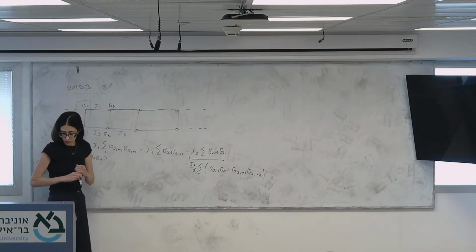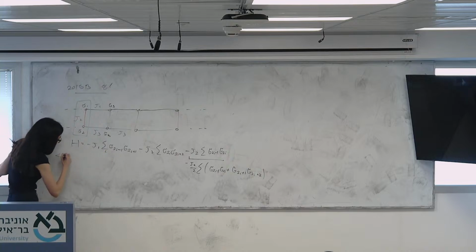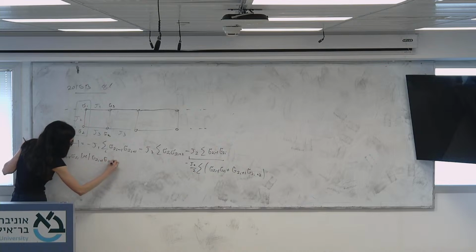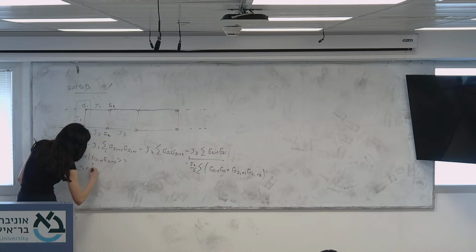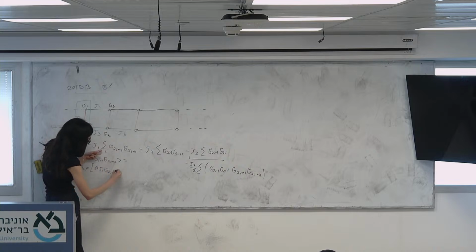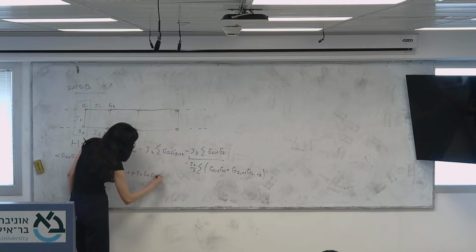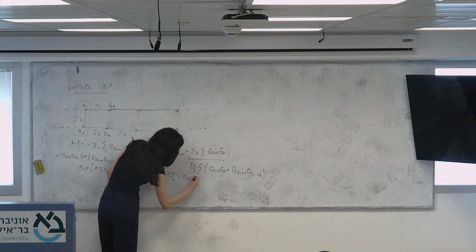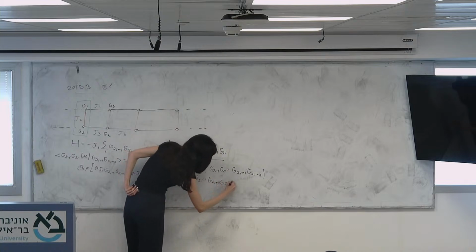So now I can rewrite this matrix element from sigma 2i minus 1, sigma 2i to sigma 2i plus 1, sigma 2i plus 2 as the exponent of: first beta J1 sigma 2i minus 1 sigma 2i plus 1, plus beta J3 sigma 2i sigma 2i plus 2, plus beta J2 over 2 times sigma 2i minus 1 sigma 2i plus sigma 2i plus 1 sigma 2i plus 2.